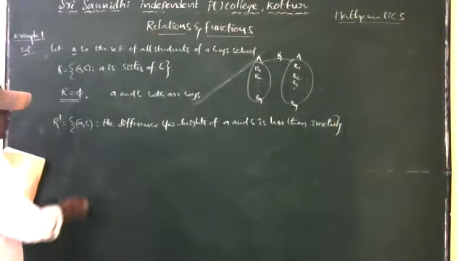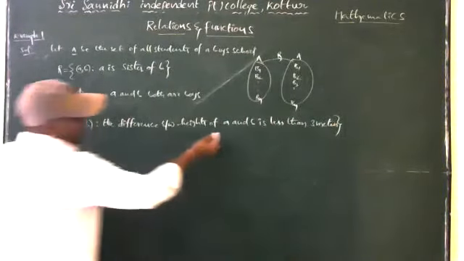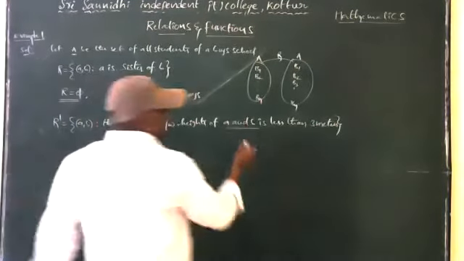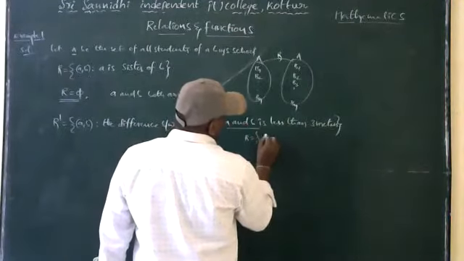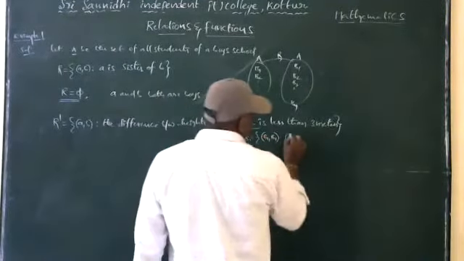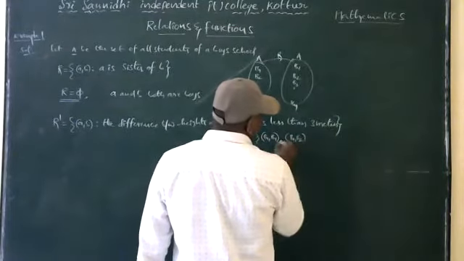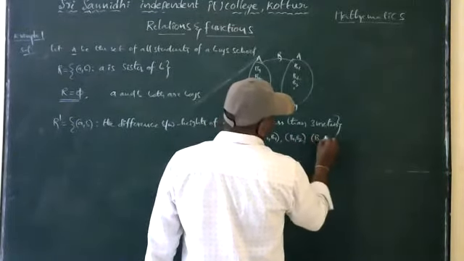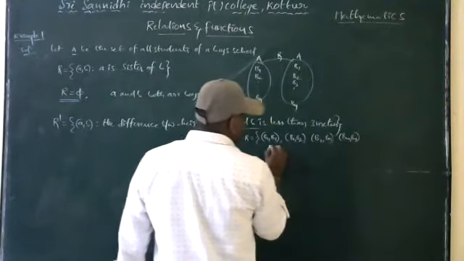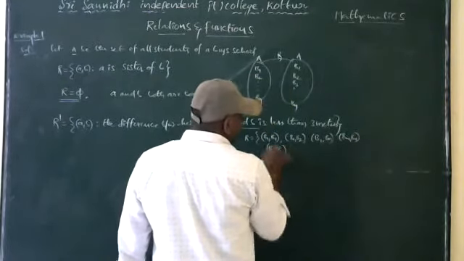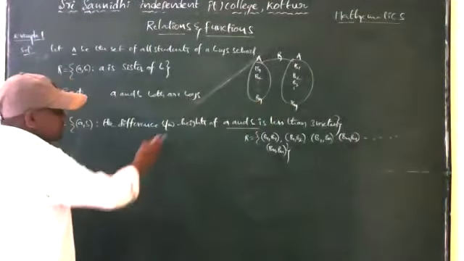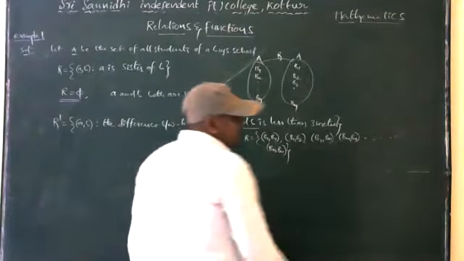See, we should take (A, B). The difference between heights of A and B is less than 3 meters. For example, if you take the relation, first two boys: B1, B2, or B1, BN, or boy N and boy 1, or otherwise boy N and boy N. If you take any condition and so on, the difference between heights of A and B is less than 3 meters.